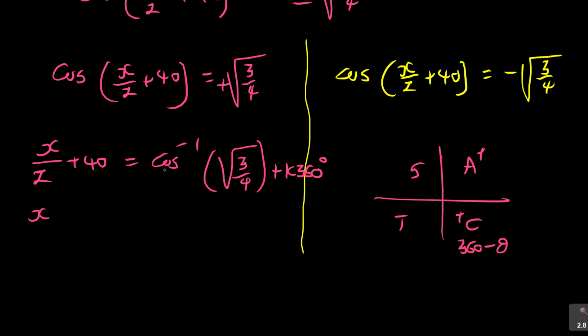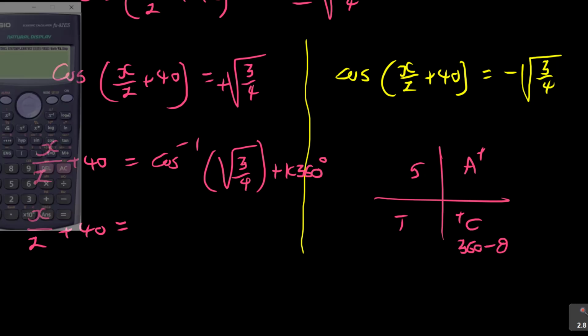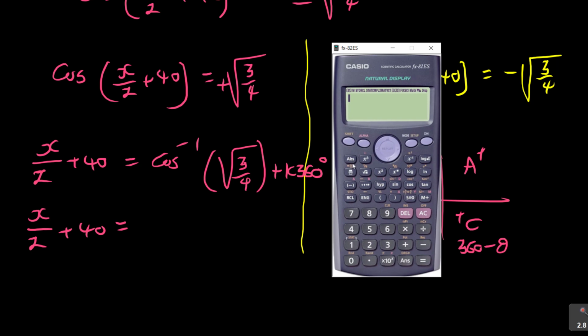That's why in the first quadrant it's arc cos of that plus k 360, which is x over 2 plus 40 is equal to, and if you find arc cos of the square root of 3 over 4 with shift cos, I'm getting 30 degrees.